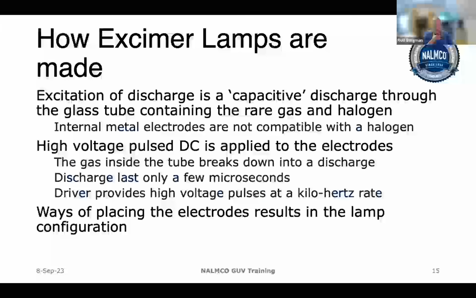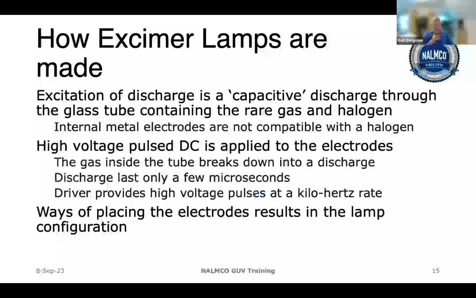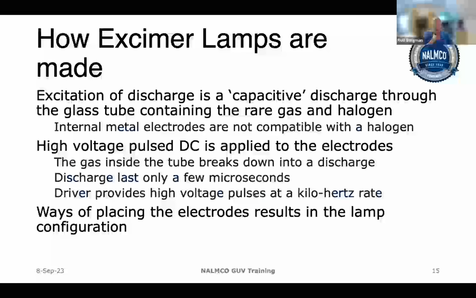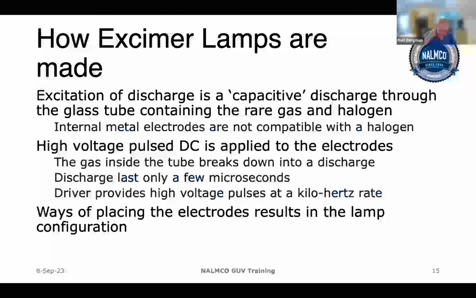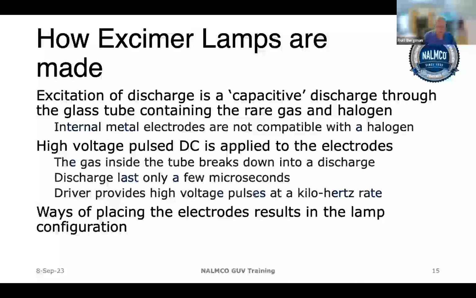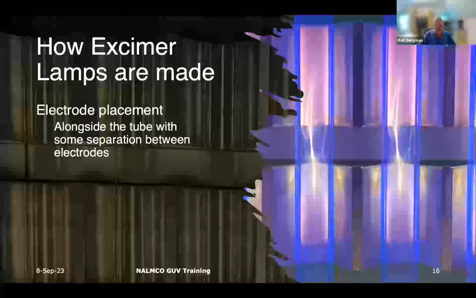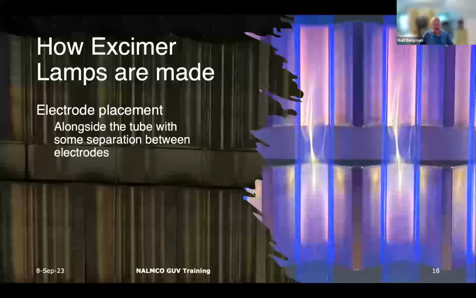The pulse rate is on the order of 50 to 100 kilohertz, 50 to 100,000 hertz, so very high frequency. However, the way the electrodes are placed can vary quite a bit, so the configurations of the discharge can vary significantly. We'll show some examples here.